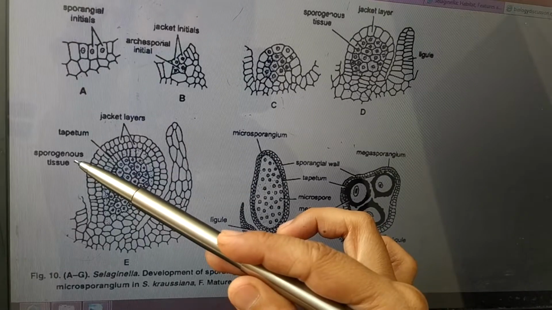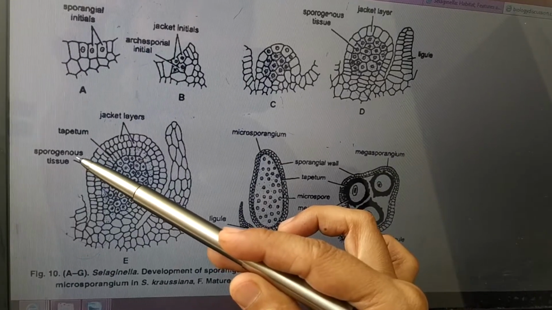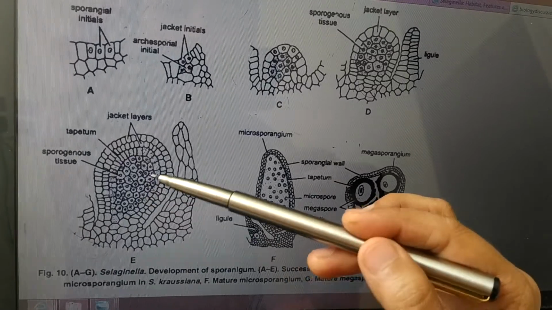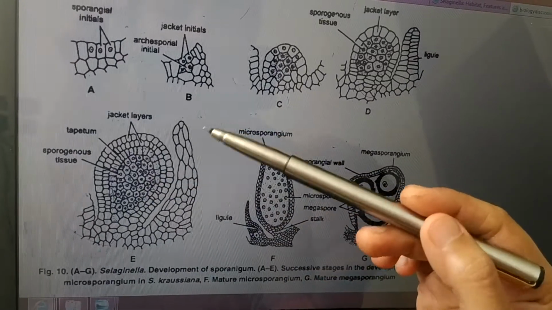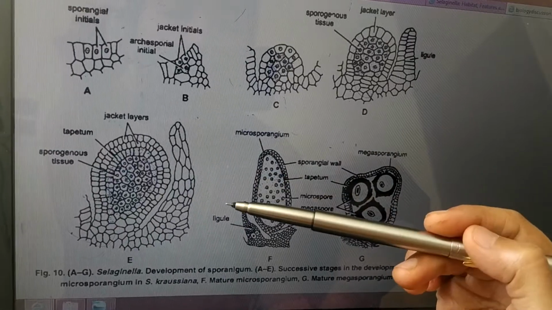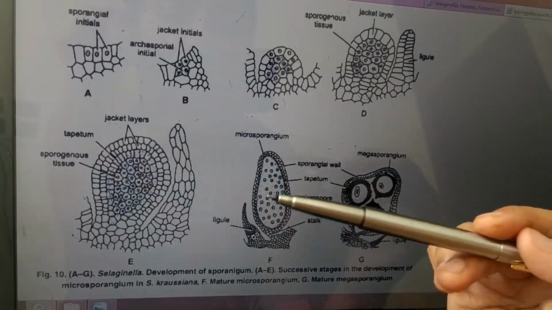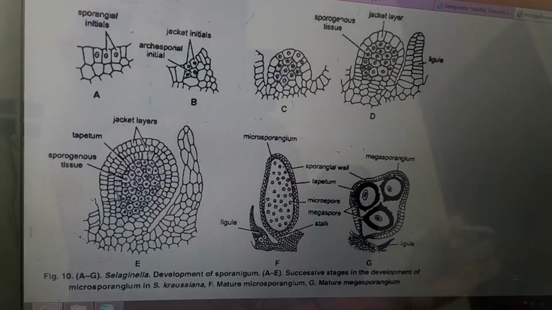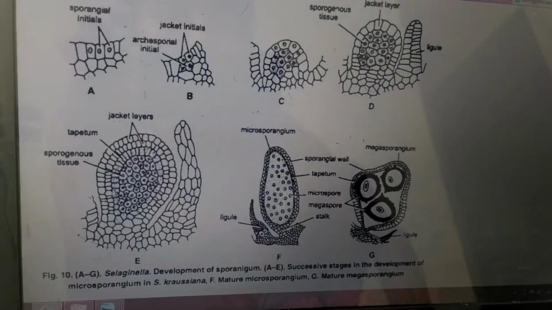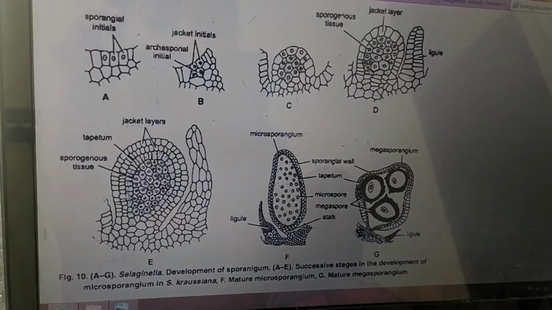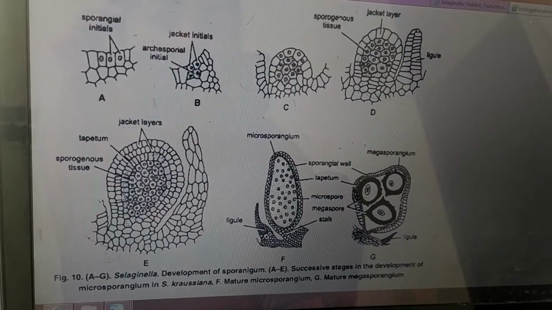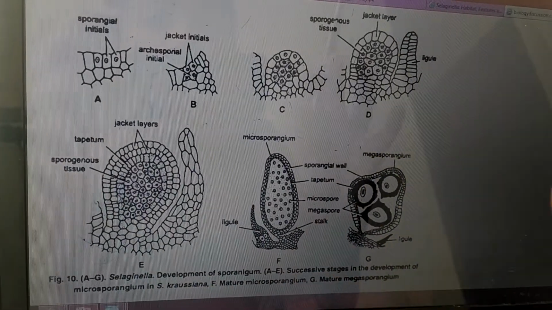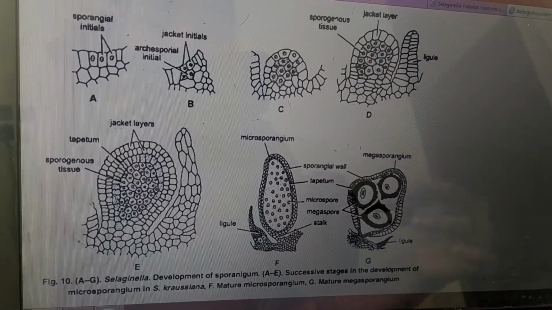Further division of the sporogenous tissue leads to formation of spore mother cells. Now spore mother cells will be differentiated into microspores as well as megaspores. That is, the formation of megaspore and microspore is the same till the sporogenous tissue stage, and till the formation of spore mother cells the steps are the same for both micro and mega.